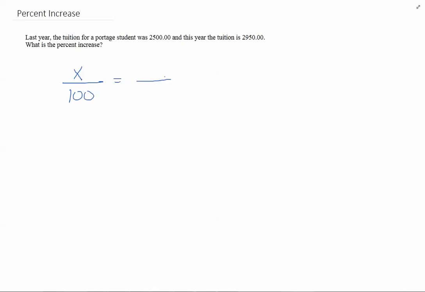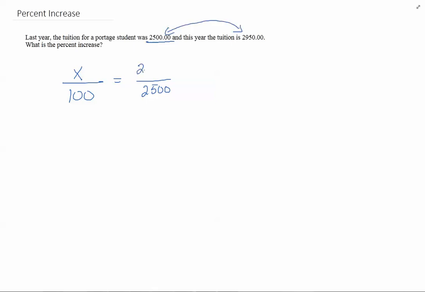How do we decide what's the whole and what's the part? This gets a little bit more complicated, but we know that we started at 2,500, and so we want to know how much is our increase in relation to that 2,500. And our increase is the difference.